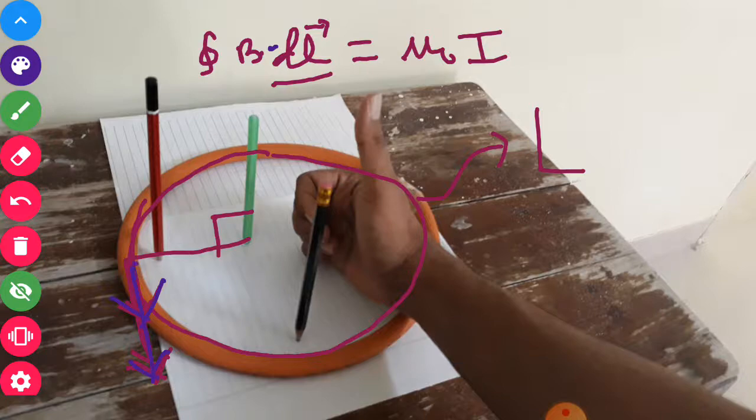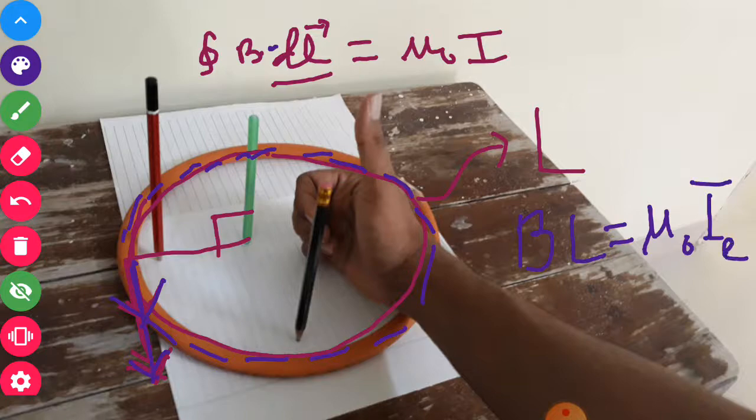Now if you take all this small dl, it will give you the length of the loop, and it is shown by L. So we are taking B into L is equal to mu 0 times the current enclosed, whatever is the current enclosed is denoted by IE.